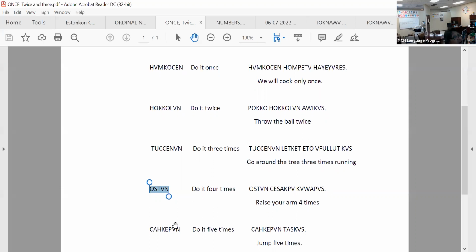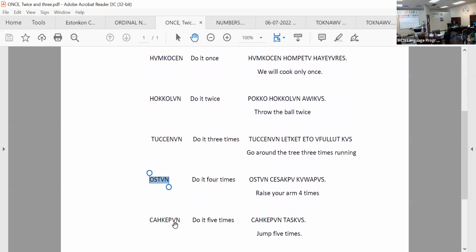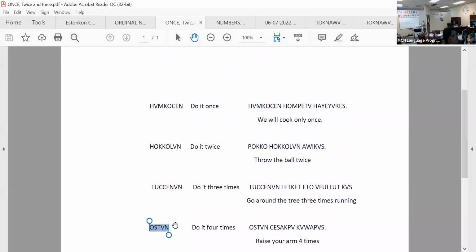So see, this is all numbers. See how there's ordinal, and you know, who thought of this? Makes you wonder who invented this language. It wasn't invented, was it? Given to us.